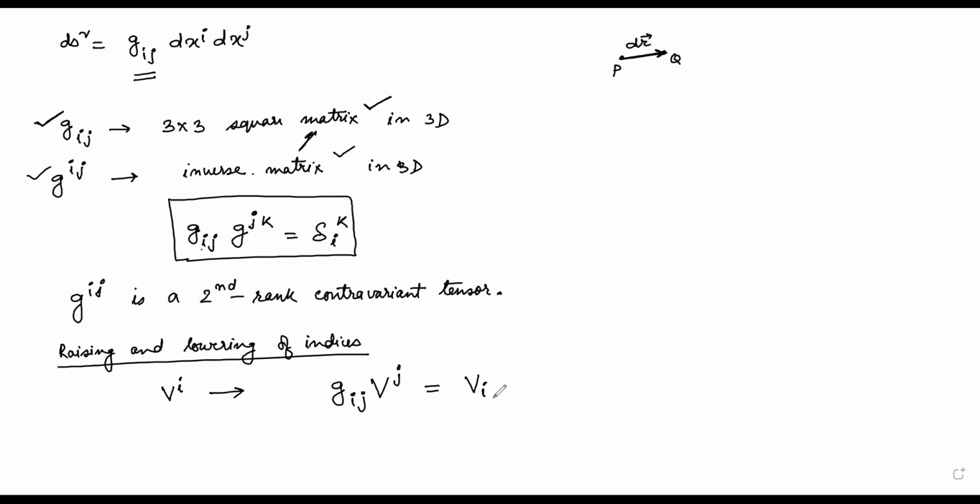This is how you lower the index, and this V_i is actually a covariant vector. Okay, you can see very easily by using the quotient rule. There you go. So this is how an index is lowered by using the metric tensor.